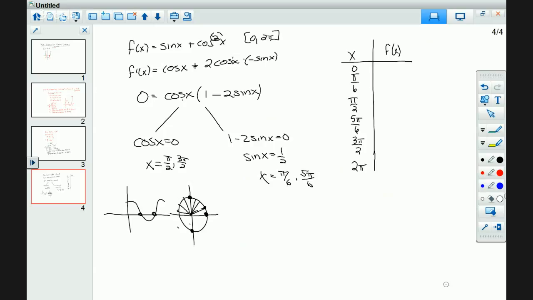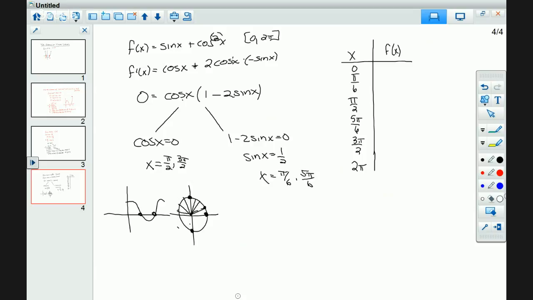Okay, we're looking at cosine 0, right? Look at the 90-degree mark, the x-coordinates. Cosine 90, or pi over 2.